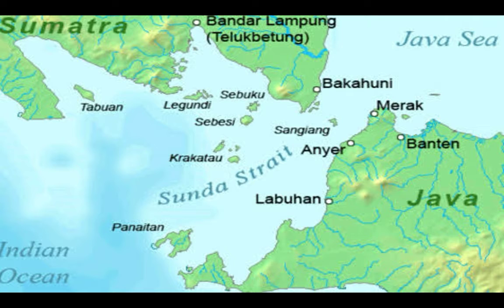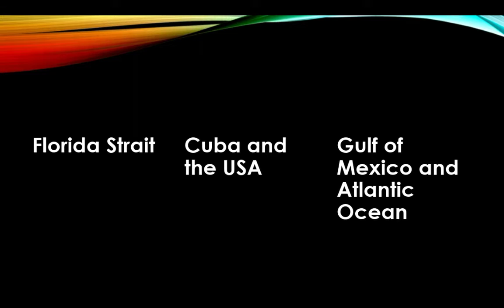In the southeastern side we can see Java, and northeast we have Java Sea, whereas in the southwestern side we have Indian Ocean, whereas in the north we have Sumatra and different small islands.